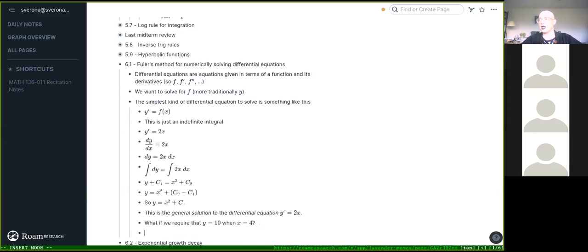Well, now there's infinitely many functions in this general solution here because there's infinitely many choices of constant, but only one of these should satisfy this additional constraint that I've thrown in, right? So this y equals 10 business here, this is what's called an initial condition.